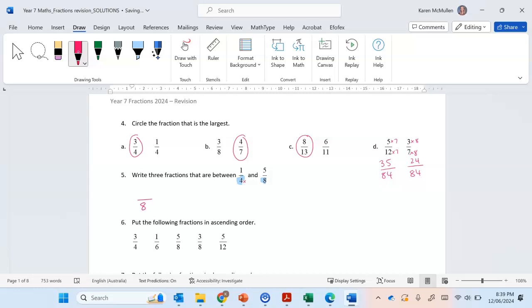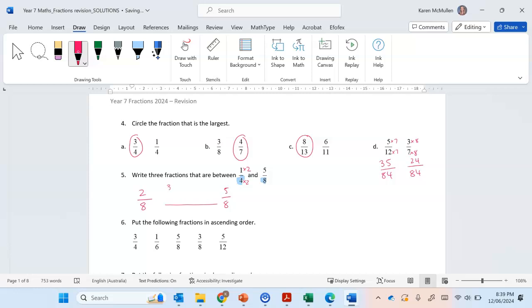So I multiplied the 4 by 2, so I've got to do the same to the top. So 2/8 is the same as 1/4, and we're going to look at fractions that are between 2/8 and 5/8. Now you could just do 8s if you wanted to.